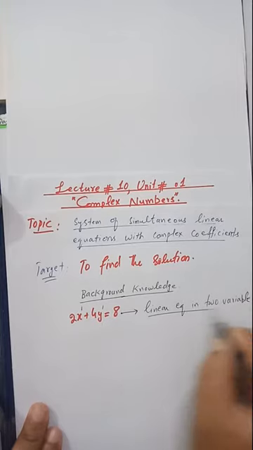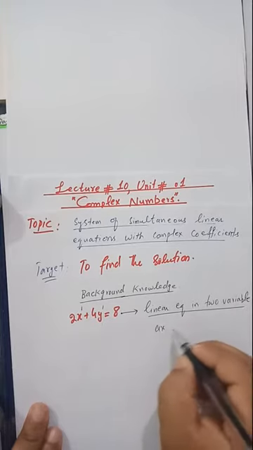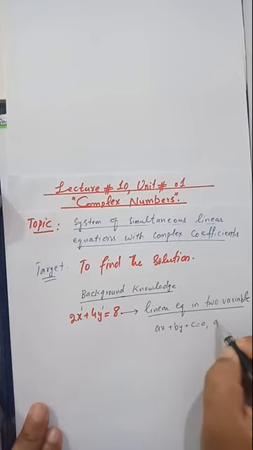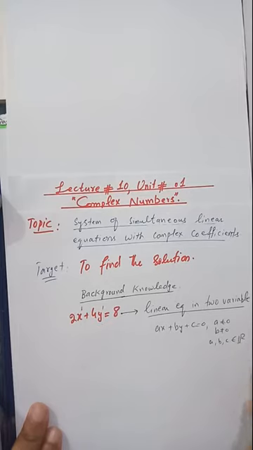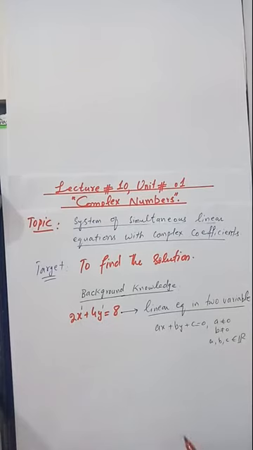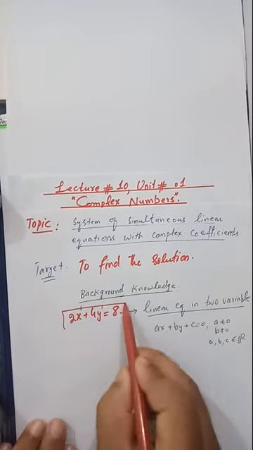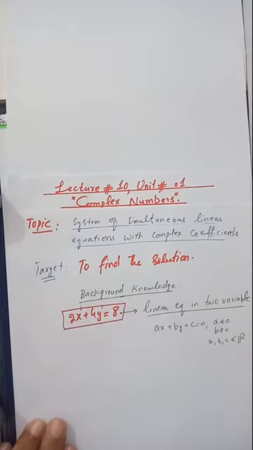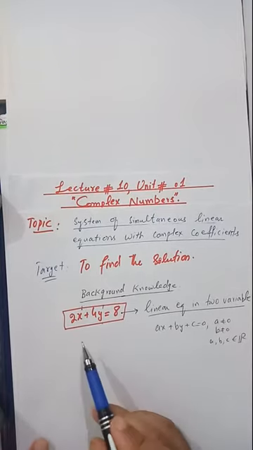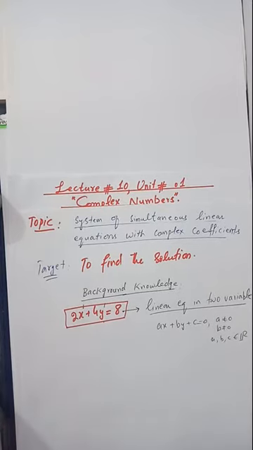The standard form of linear equation in two variable is ax plus by plus c equal to 0, where a is not equal to 0, b is not equal to 0, and a, b, c are from the set of real numbers. In the previous video lecture we discussed that a linear equation in two variable geometrically represents a straight line.